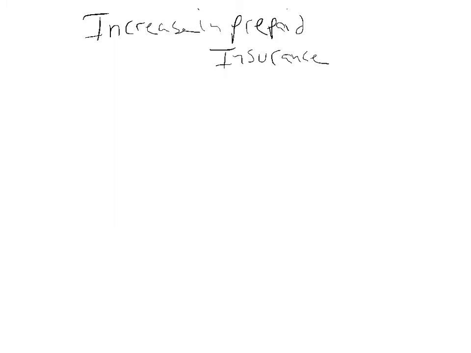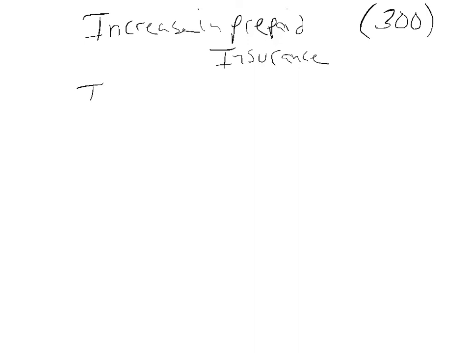Prepaid insurance, remember, is an asset, and we're increasing that asset. So we are paying more cash for an expense that's not recognized. All right, so we have to subtract that out. So our increase in prepaid insurance gets subtracted, and so it's a negative $300.